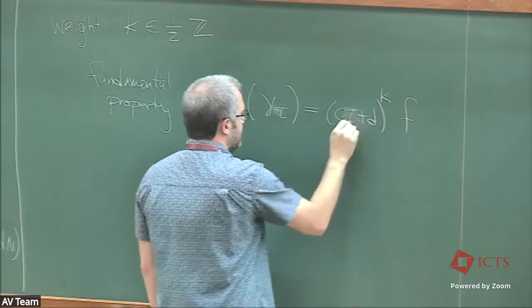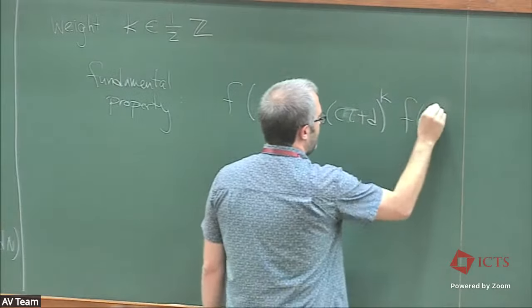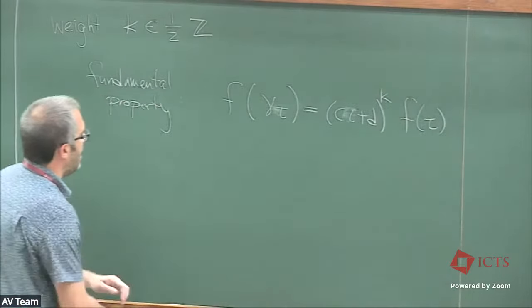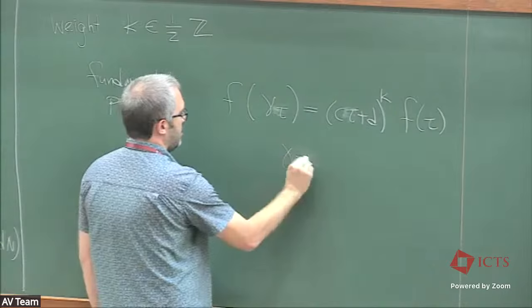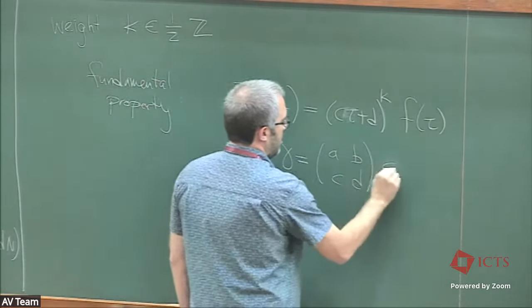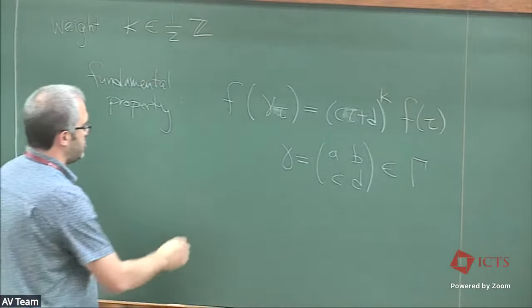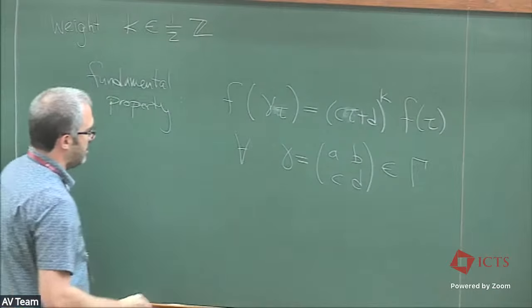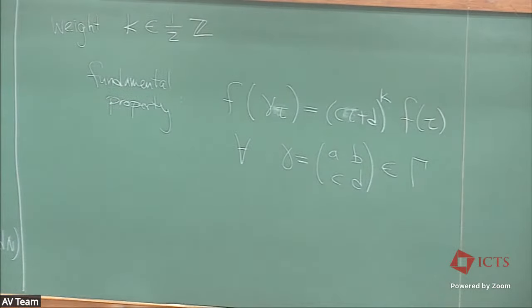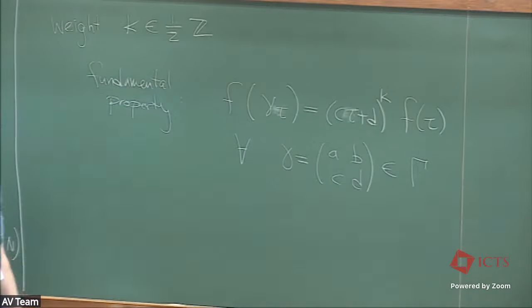Here I'm writing gamma as (a, b; c, d), and it's in the group big gamma. And this should hold for every gamma in big gamma. This is the fundamental property of a modular form, and everything we talk about is going to satisfy some property that looks like this.